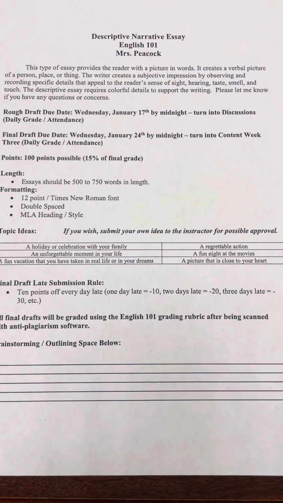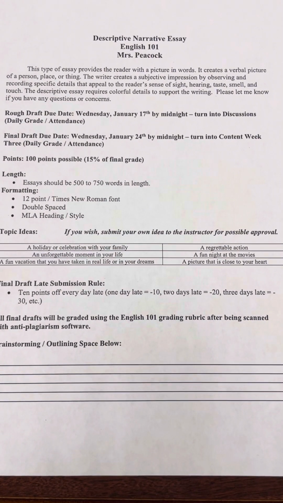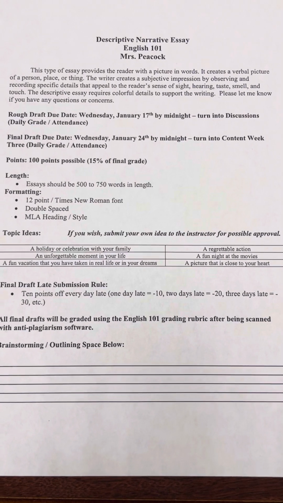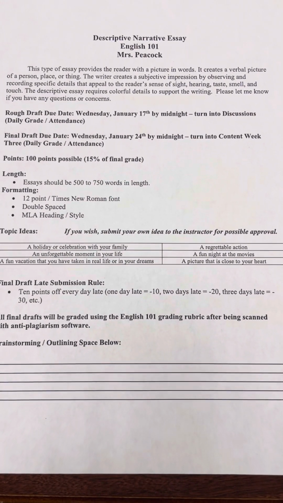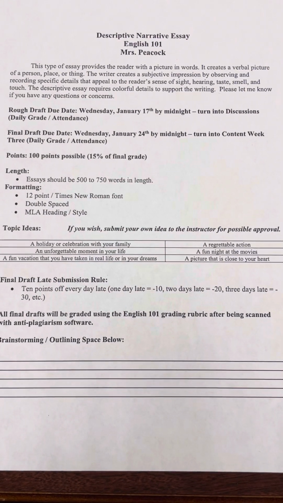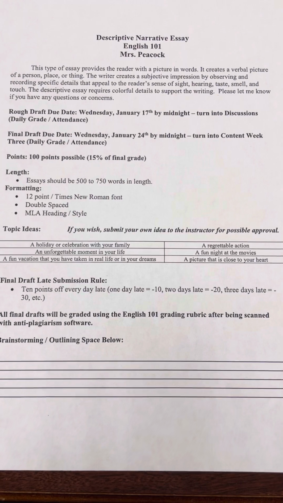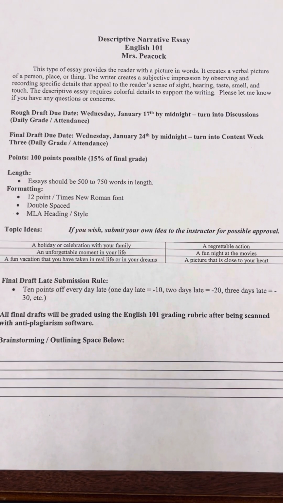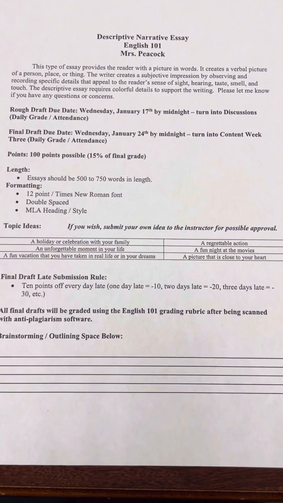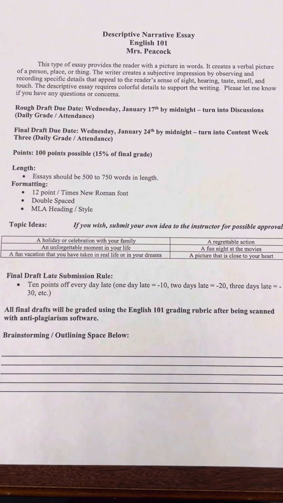You won't get counted off, but I don't want you to do a 2,000-word behemoth essay and get similar credit to someone who turned in a 500-word essay. So try to stick within that range or close to the 500-word range, not only so that you don't overwhelm yourself with a massive amount of work, but also so that it's fair, so that you're not doing quadruple the amount of work as other classmates. So just try to stick to that range.